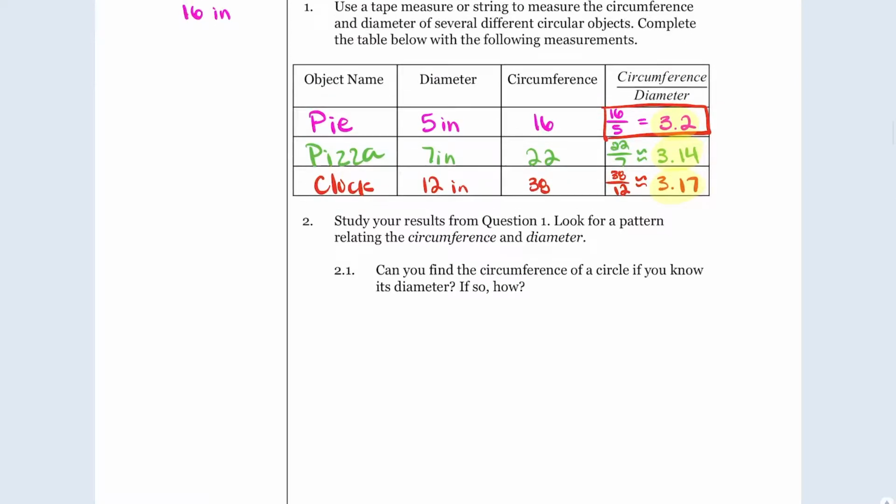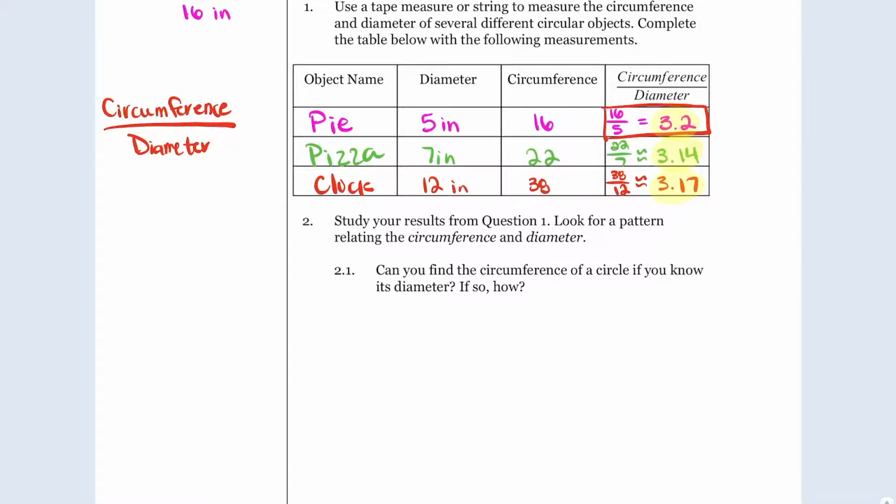Okay, so when we divide the circumference by the diameter, we get a number that's just over 3.